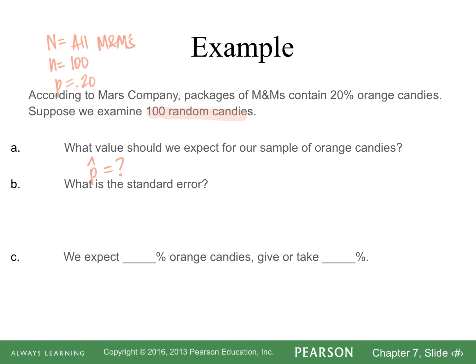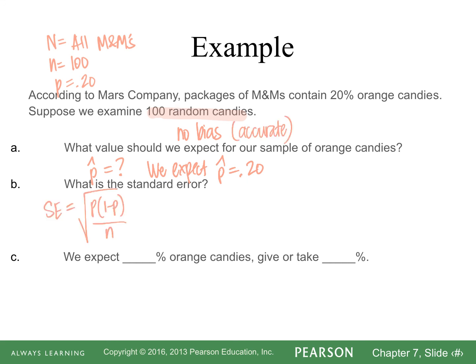Because there's no bias, we can expect to hit the target of 20% for our sample. Okay, so now we know it's not biased, so we know it's accurate. Now let's go ahead and calculate precision by finding the standard error.